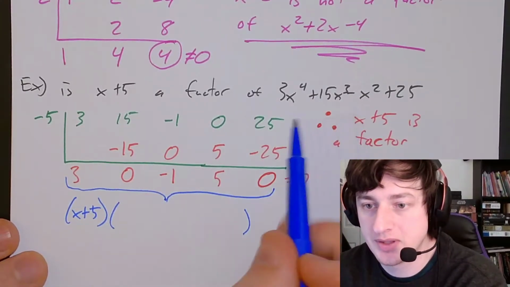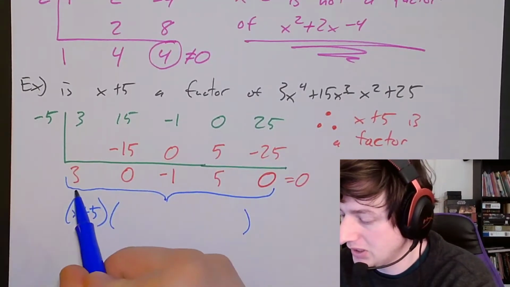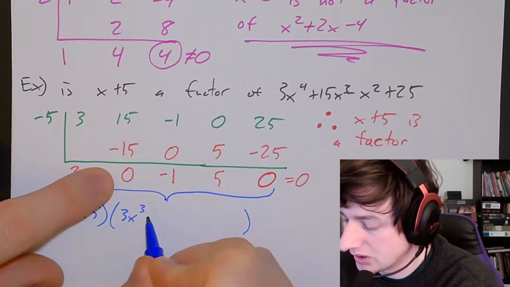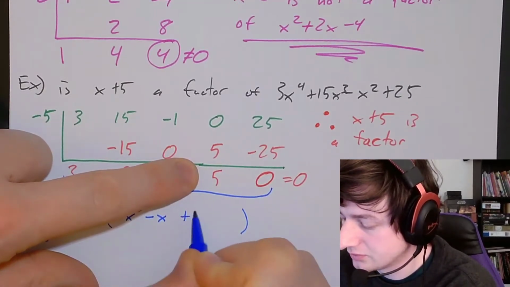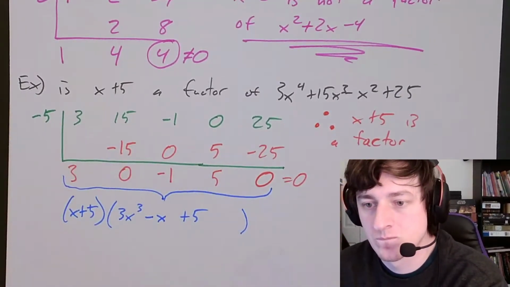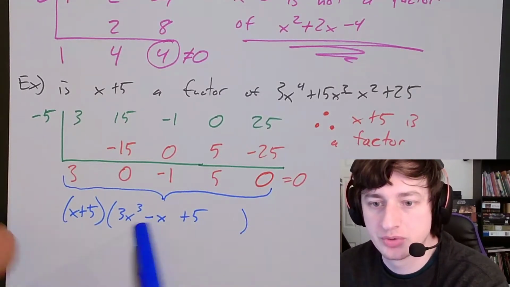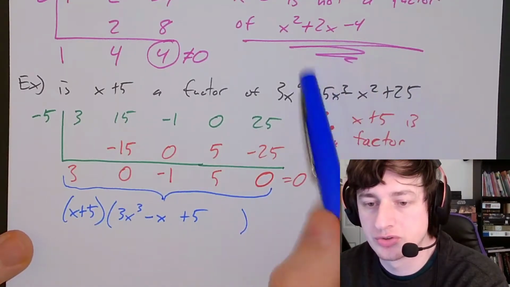If we divide this by x plus 5, we get 3x cubed, 0x squared, minus an x plus 5 left. And if we were to multiply this back, if we multiply all this stuff, we should get what we started with.